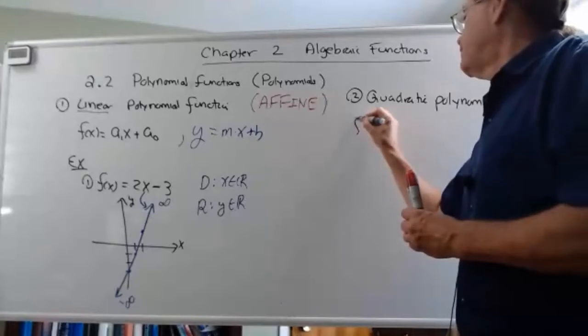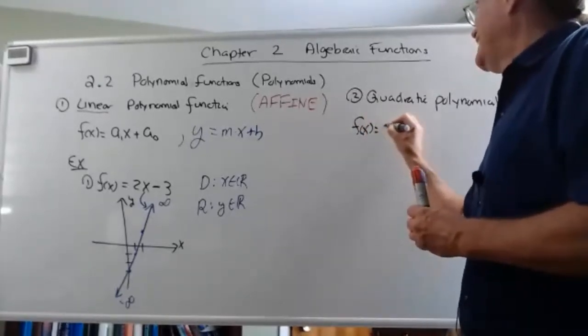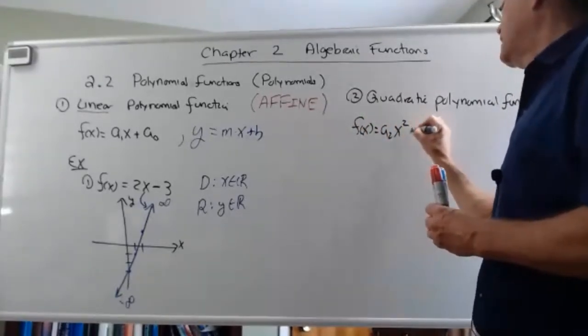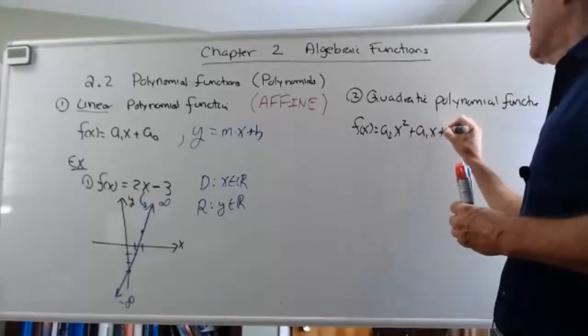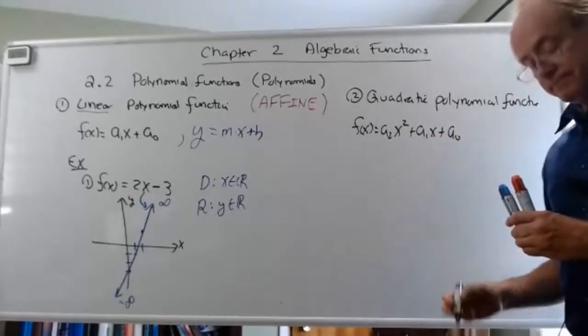Okay, so there the general form is f of x is a2x squared plus a1x plus a sub 0.